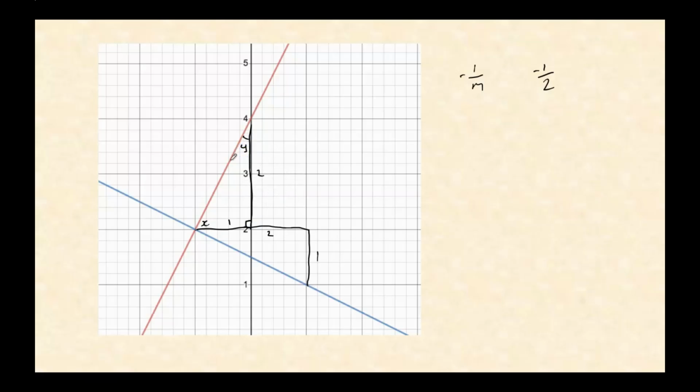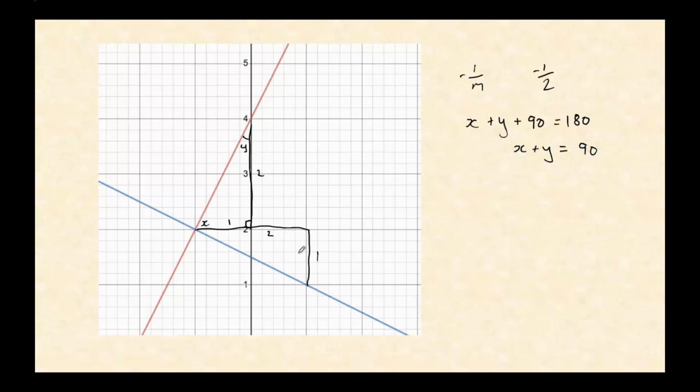What facts do we know about x and y? Well, since x and y and this right angle are all in a triangle, we know that x plus y plus 90 must be 180. Well, subtracting 90 from both sides, I get x plus y equals 90, and this is a fact I'm going to use later.